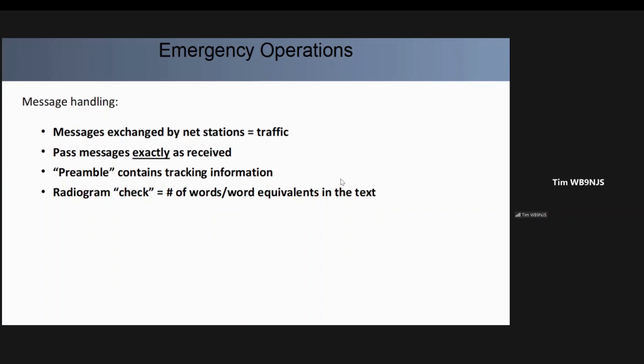This can catch errors real quick. If you're passing a message and you left out the word not when it should have been in the instructions, you change the entire meaning. So if you have a count, hey, there should be 10 words or word equivalents in this message, and the person receiving it only has 9, they're going to know something's wrong and look to get that corrected. So the check in a radiogram header is the number of words or word equivalents in the body of the text.